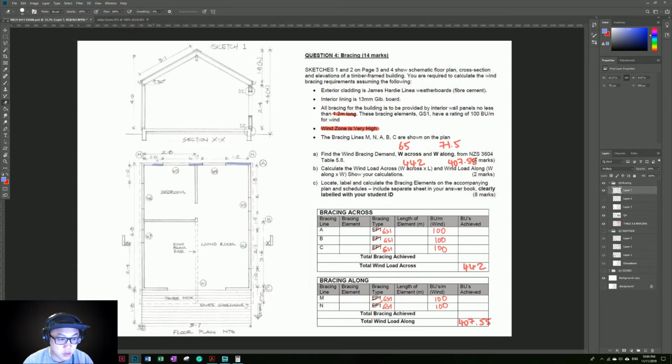We can't have it here because it's just 1 meter. This one is just 0.7. So the bracing is going to be here. So A1. The bracing element naming will be A1, GS1, and it's going to be 1.2.